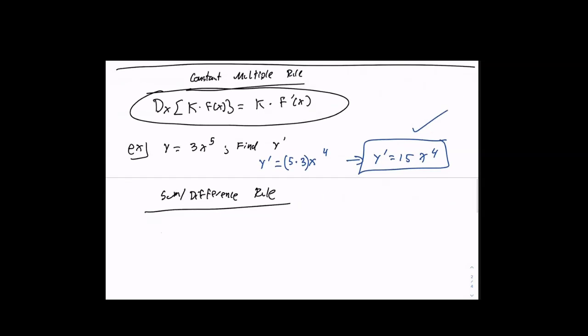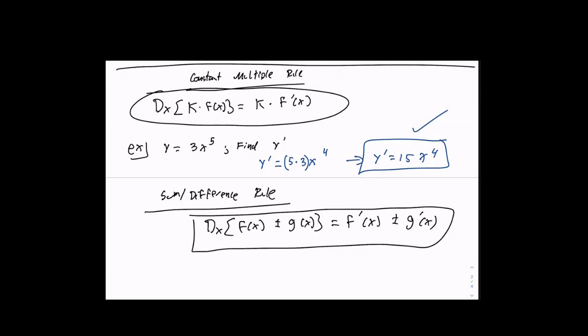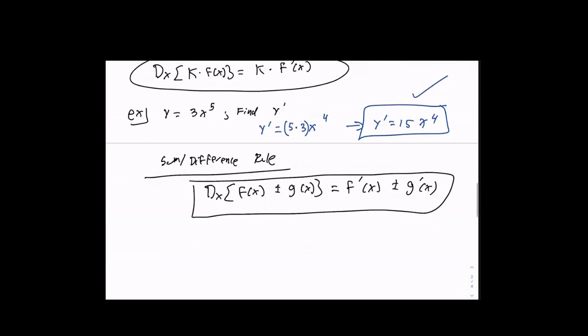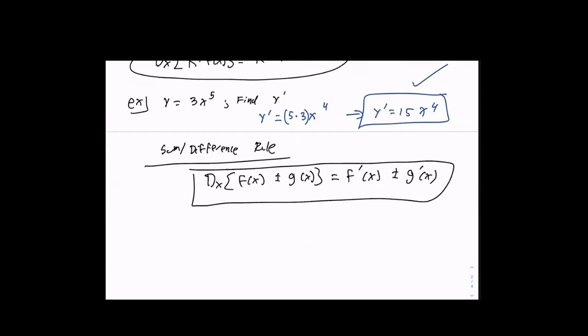The sum and difference rule just states that the derivative of any function plus or minus any other function is simply equal to the derivative of the first function plus or minus the derivative of the second function. Another one that sounds way more difficult than what it actually looks like. If you understand the rules so far, you would naturally do this rule.